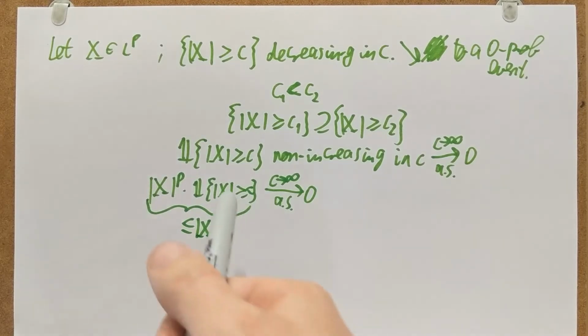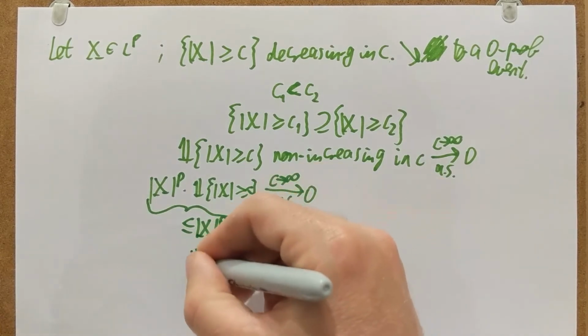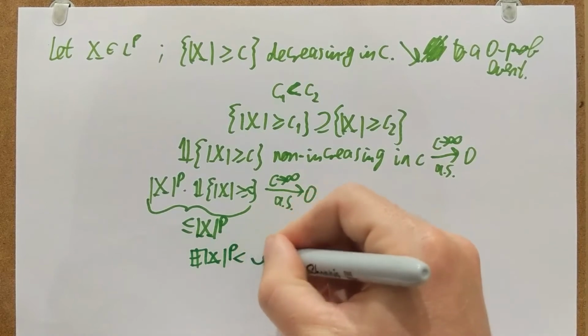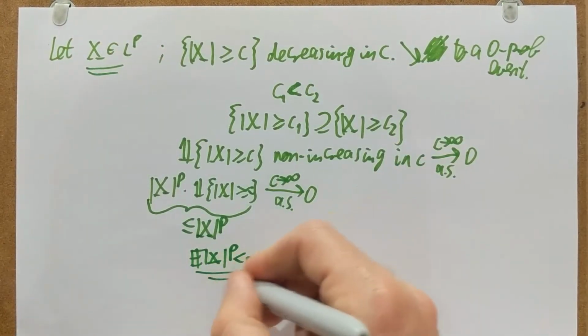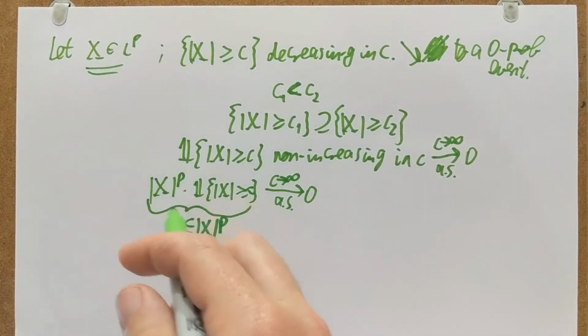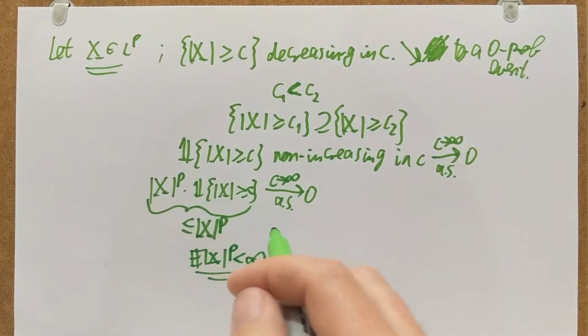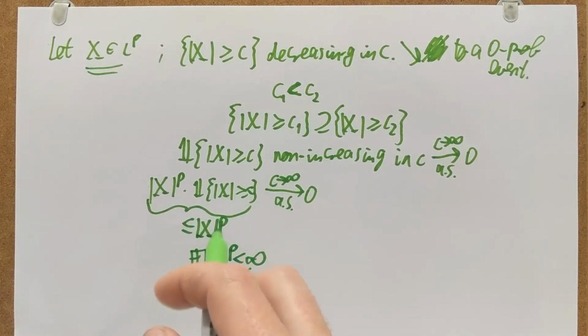That's a bound uniformly in c, which is of finite mean. The expectation of |X|^p is finite by the assumption that X is in L^p. So I have this sequence of random variables indexed by c, which is bounded uniformly by the p-th moment of X, which is finite under the expectation.